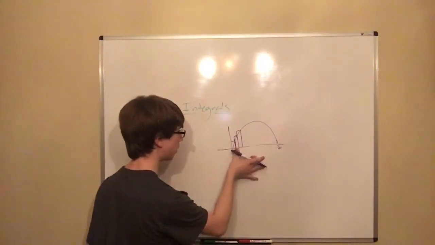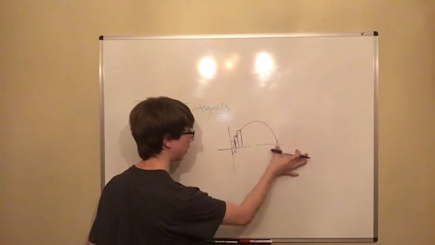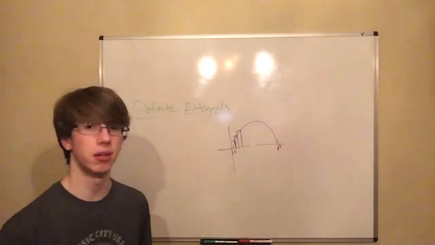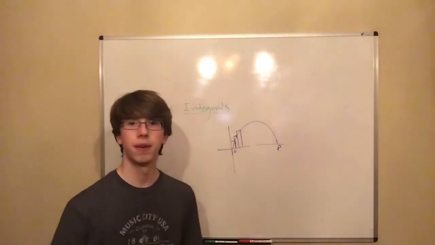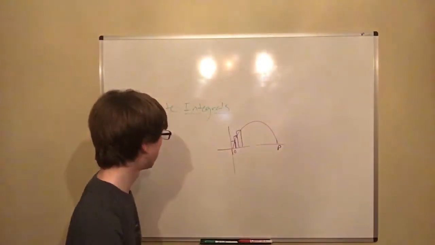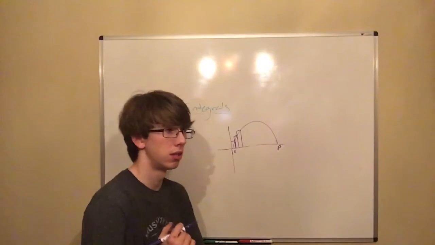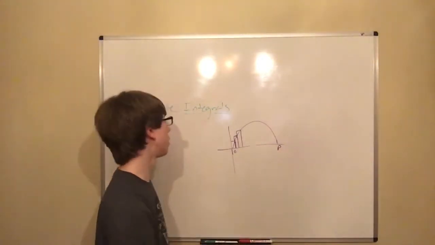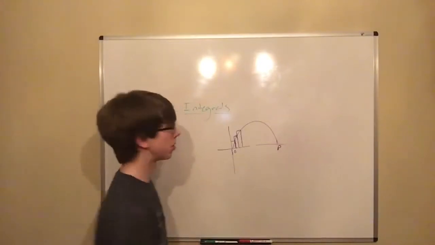So we'll call this 0, and we'll say that this is point P. Instead of A and B, we'll just do 0 to P. So from 0 to P, we have n rectangles.